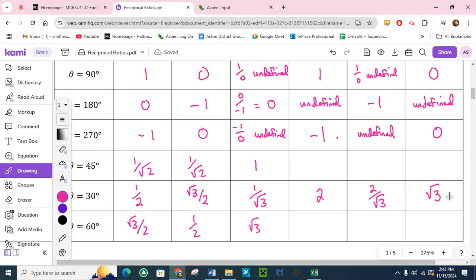So I'd like you guys to do the flips for 45 degrees and 60 degrees. The cosecant of those angles, the secant of those angles, and the cotangent of those angles. We're just flipping numbers. That's all it is, guys. Flip, flip, flip.